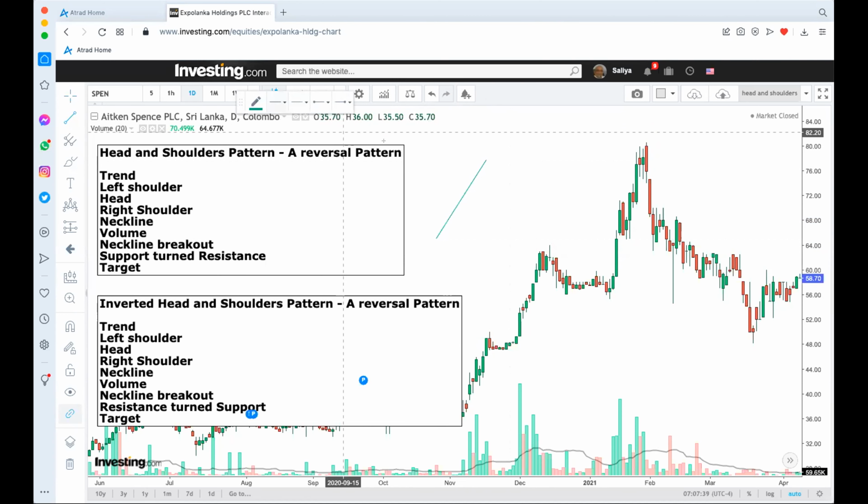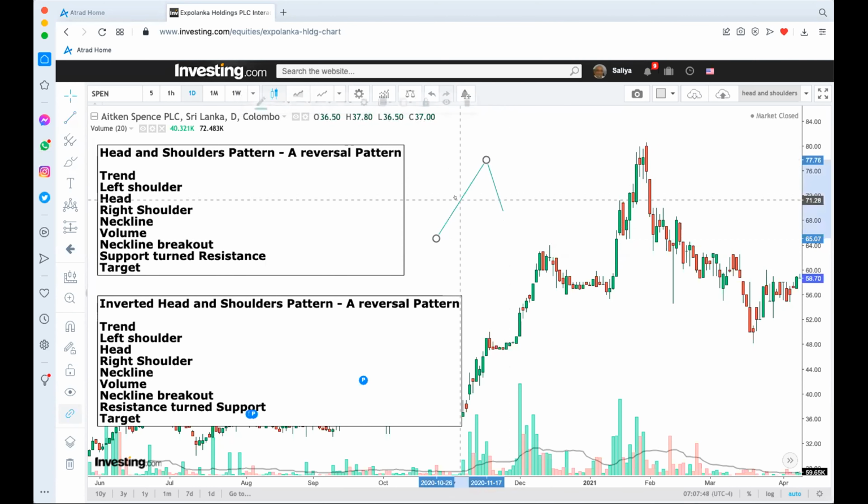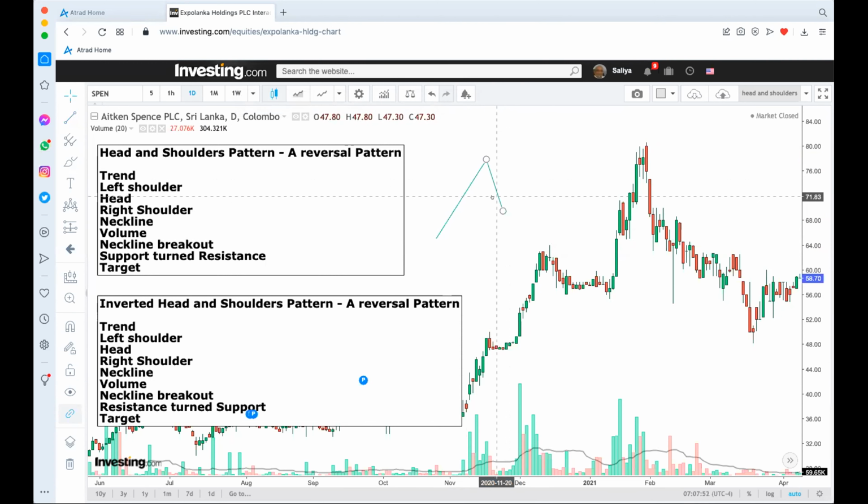Thereafter, after the resistance point, you have a reversal to the downside, which is called a pullback. This is the rally. This is the pullback. Once the pullback pauses, the prices find support or a support point. Thereafter, we will see a reversal.